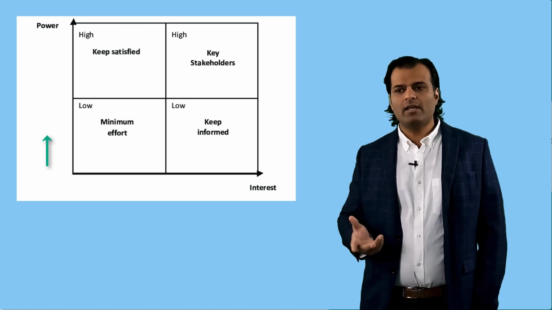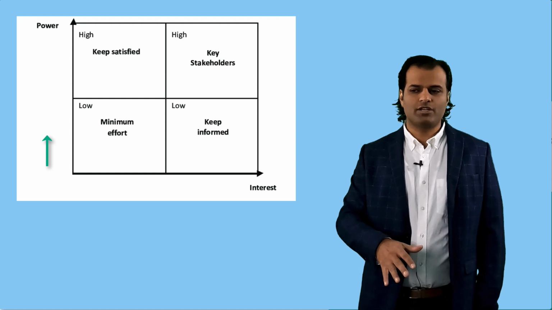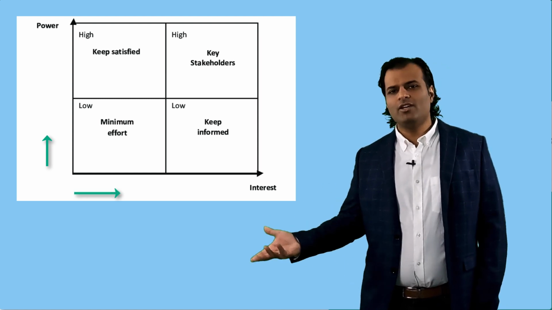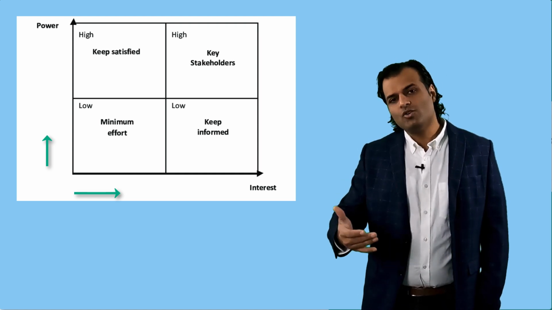Finally, let's say your neighbor has an adjacent shop that sells something different. That person has low power. Why? Because you have the legal documentation and everything to open a shop and you did that. Similarly, the interest level is also kind of okay. He or she is doing their business, you are doing yours. So for someone like them, you will monitor.